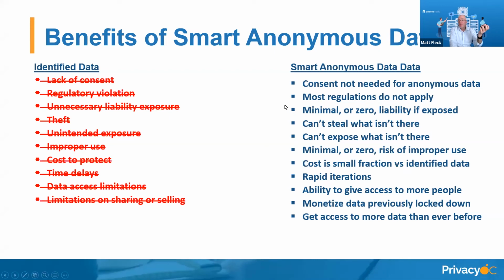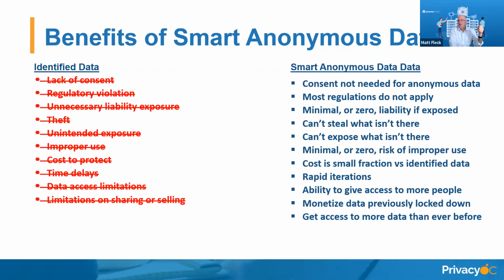We're not a security solution, and we're not going to stop you from getting breached. However, if you are breached, there's minimal, possibly zero liability, because there's no identifying information in that data. Why? Because hackers can't steal what isn't there. Yeah, they may get the fact data, but they can't attribute it to any individual.